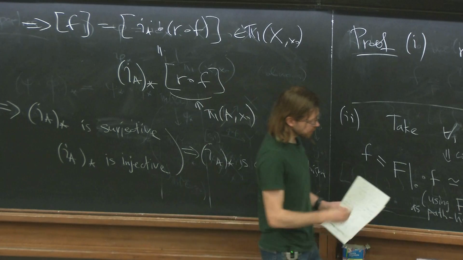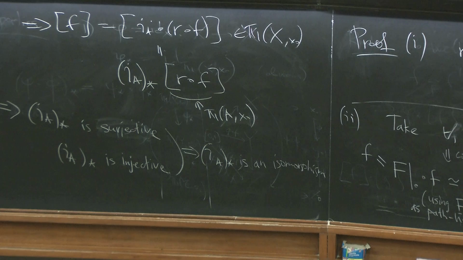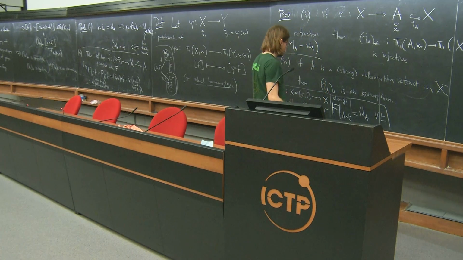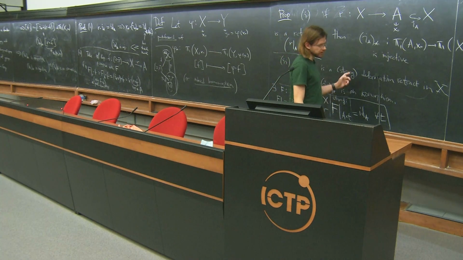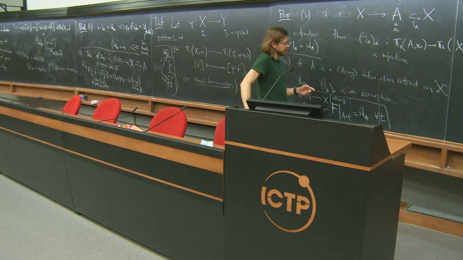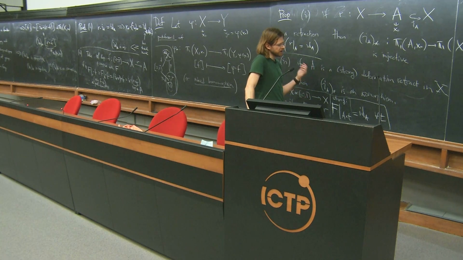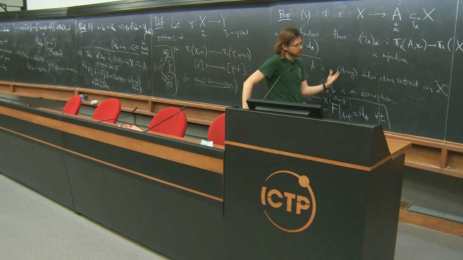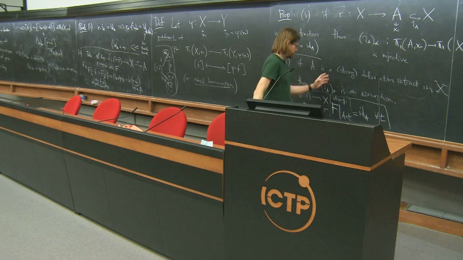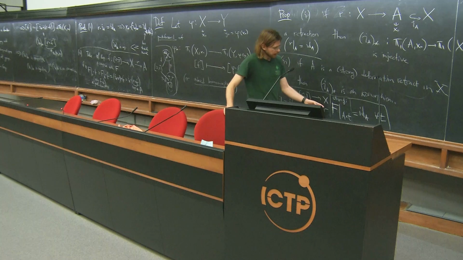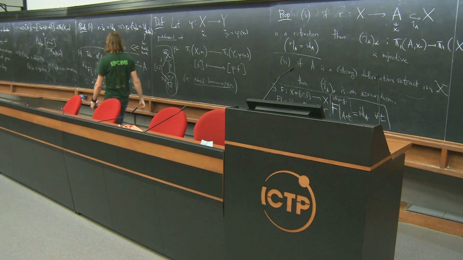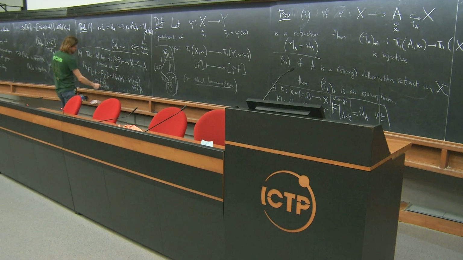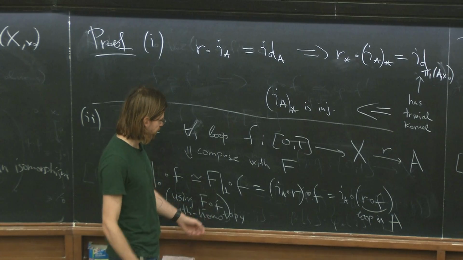Professor, there is a question. Yes, I don't understand where the assumption of strong deformation retraction is used, and is it not true in general for a general deformation retraction? It is true. We will show that for a general homotopy equivalence, the push forward is an isomorphism. We will show it shortly. Here we use that this is strong because we wanted this to be a path homotopy, so we want it to preserve the base point.